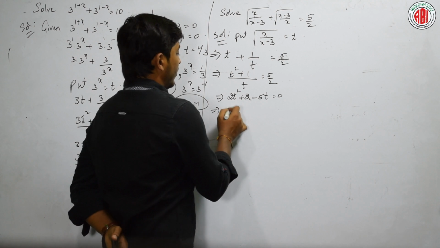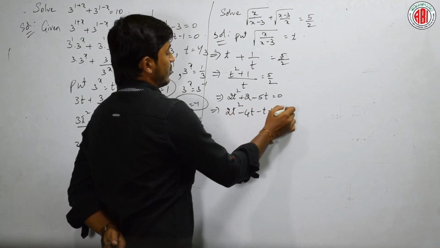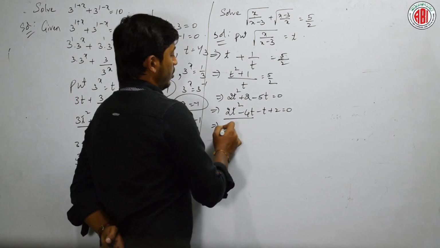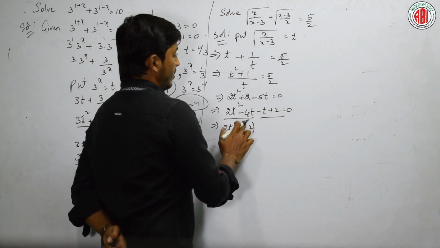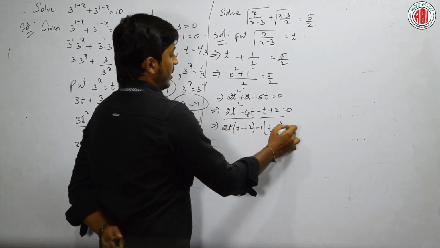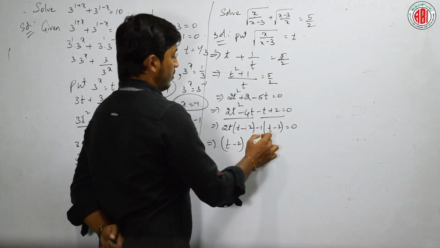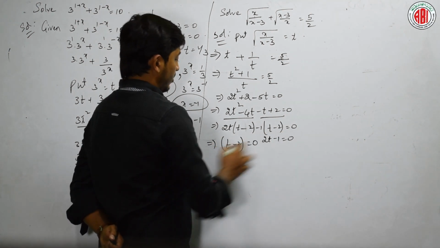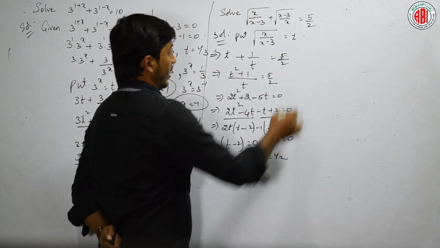So this will be 2t square minus 4t minus t plus 2 equal to 0. Take 2t common, I will get t minus 2. Again if I take minus 1 common, I will get t minus 2. Now take t minus 2 is equal to 0, 2t minus 1 is equal to 0. What is t? Either t is equal to 2 or t is equal to 1 by 2.